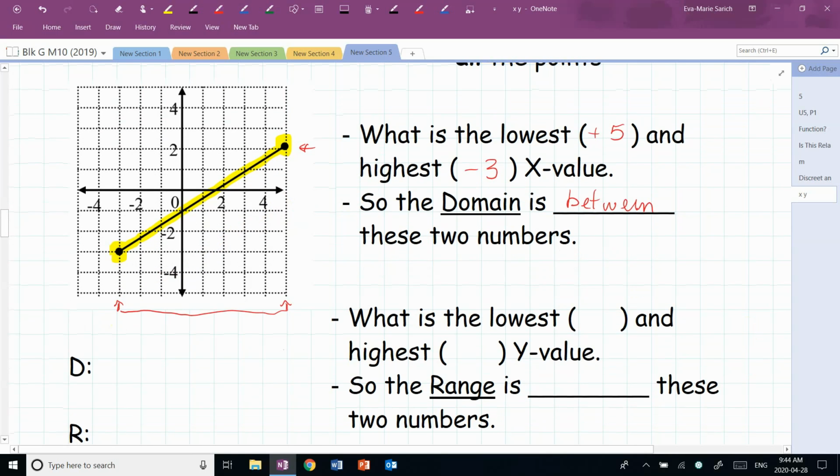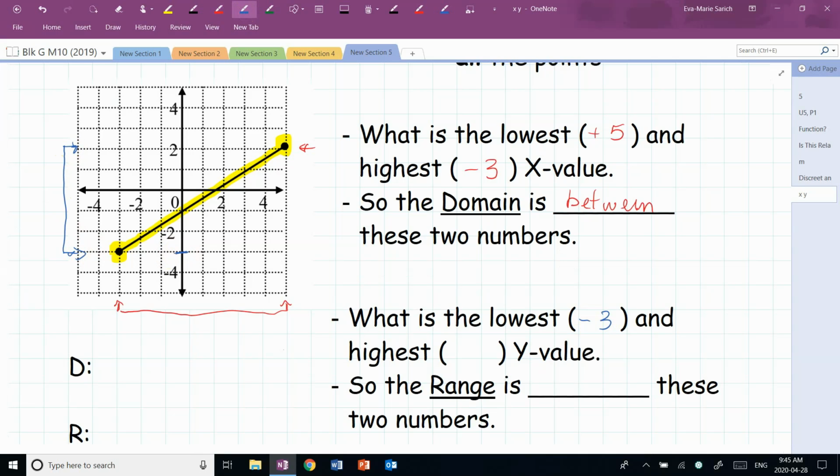Now let's look at the range. What is the highest and the lowest of the y values? Looking at y, it starts here at the lowest value and goes up to the highest value here. Whoops, with the x, I went the wrong way.